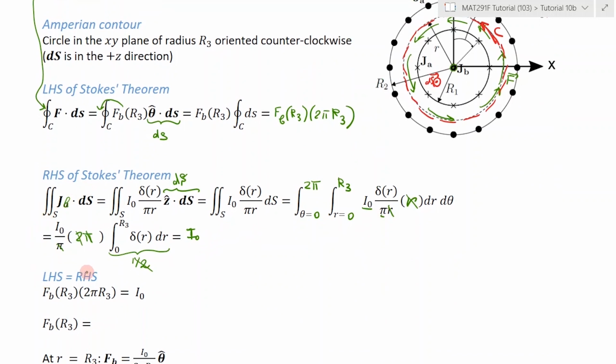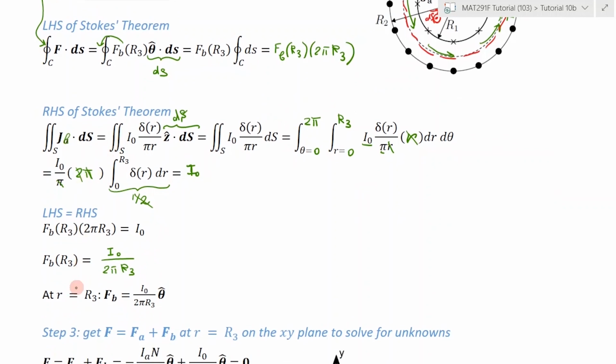Next, equating left and right-hand sides, this and this, we get this equation. Solving for fb at r3, we get I0 over 2 pi r3. Then at r equals r3, we have our fb equal to fb at r theta hat, but we're plugging in r3, so we get this.